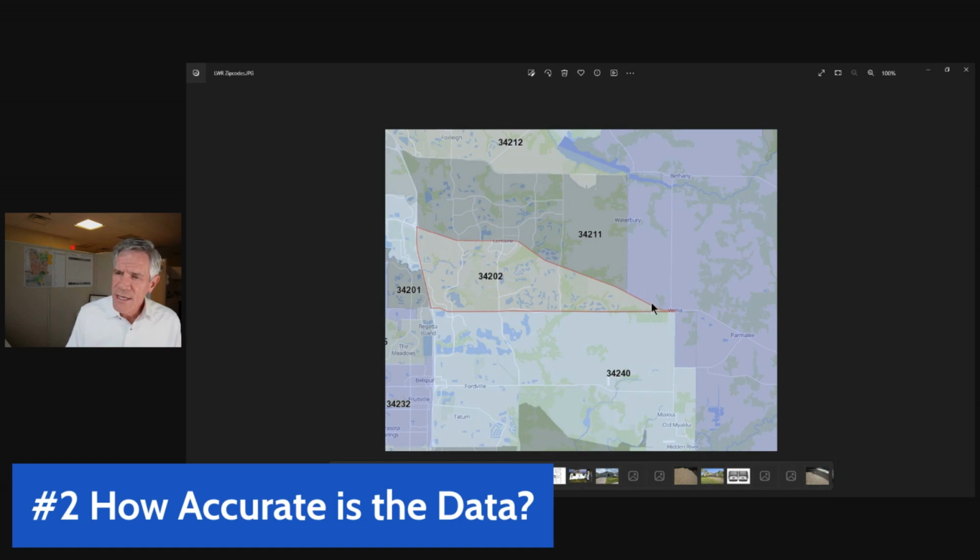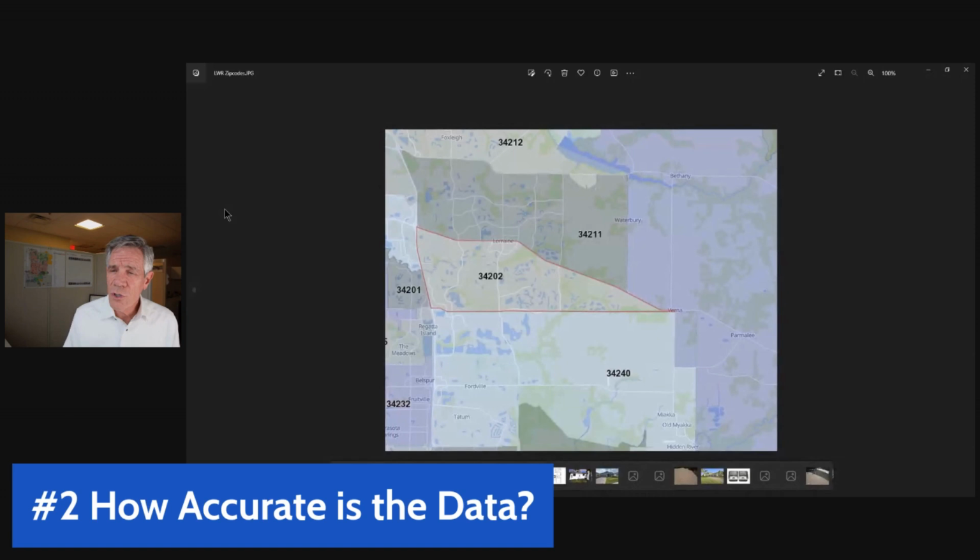But out on this eastern edge, that actually covers part of Concession, and Concession is not part of Lakewood Ranch. And then over here to the west side, it covers some of River Club, and River Club is not part of Lakewood Ranch. So that kind of skews the numbers a little bit when we're looking at that zip code as pulling it in for a Lakewood Ranch search.